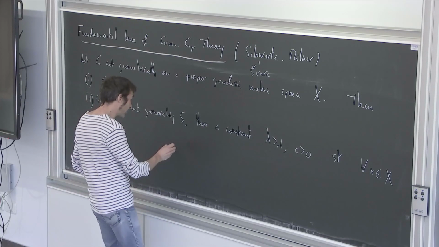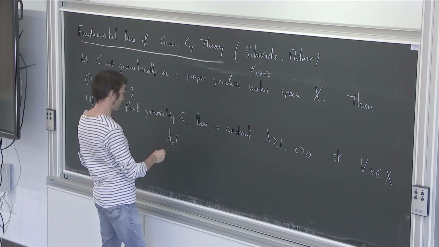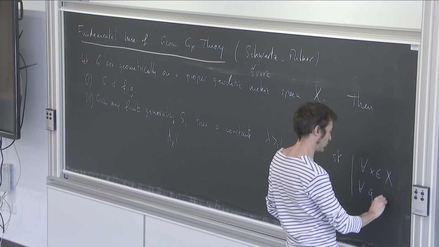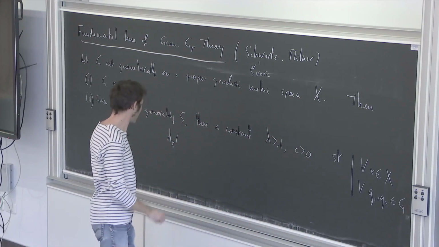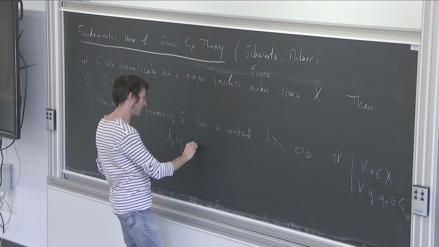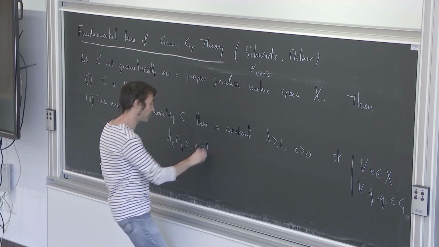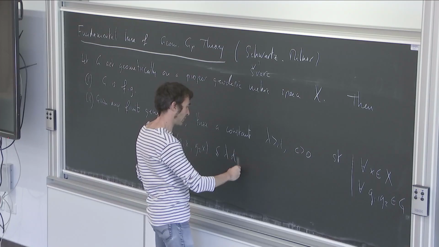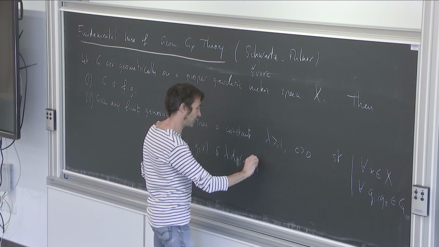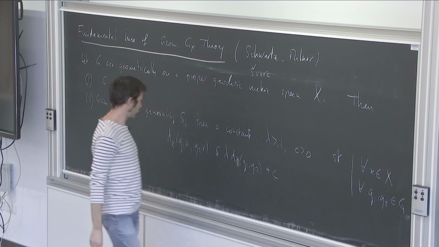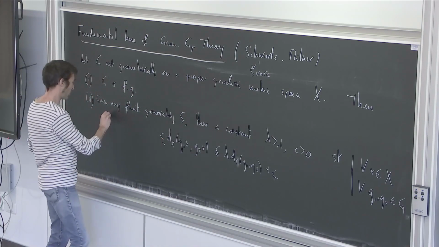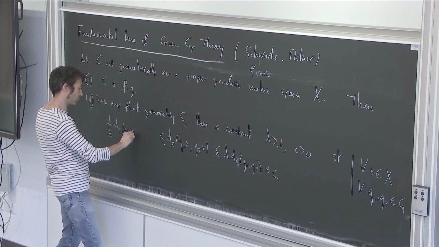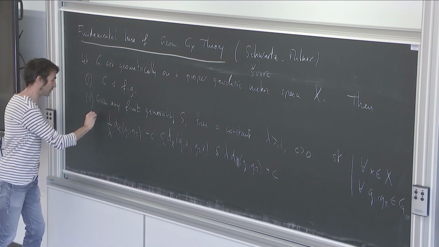So what does it say? It says that if I look at the distance in X, and here I take any g1, g2 in G. If I look at the distance between the images of x by g1 and g2, then it is bounded from above by lambda times the word distance between g1 and g2, up to a constant C, and it is at least 1 over lambda times the distance from g1 to g2, minus C. So this is the first property.